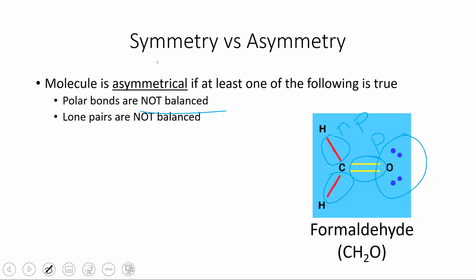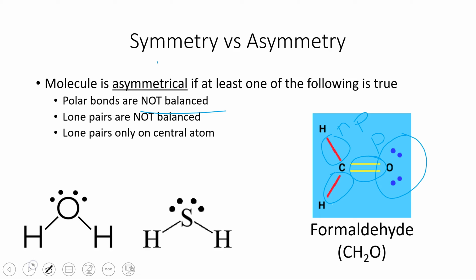Okay, now the one other thing that can cause asymmetry is not so much an imbalance in lone pairs, but if the lone pairs are only found on that central atom, we end up with a region of more negative charge because electrons, as you all know, are negatively charged. And so if we have a bunch of extra electrons on one part of our molecule, that makes that part much more negative than other parts, right?